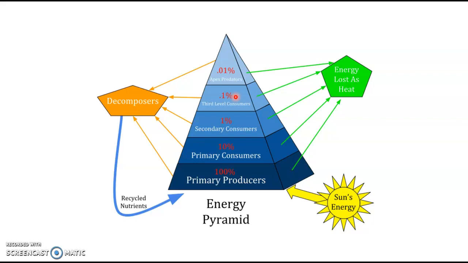After their death, all these are decomposed by decomposers, called bacteria, and become recycled nutrients, and these nutrients are then again absorbed by the plants, and this cycle continues. This is how the ecosystem works.